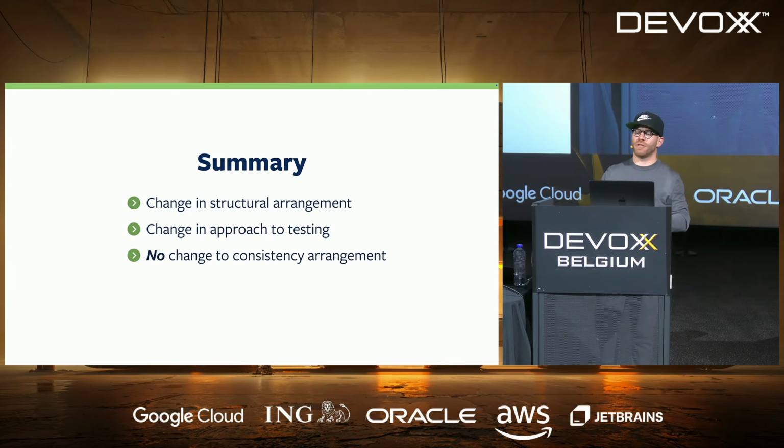But we have no change to a consistency arrangement, right? So if you find yourself stuck mocking 15 collaborators of your component, then think about which of these interactions could become event-based interactions, and then publish the additional event and refactor it to that, and then the tests might become slightly more approachable, right?